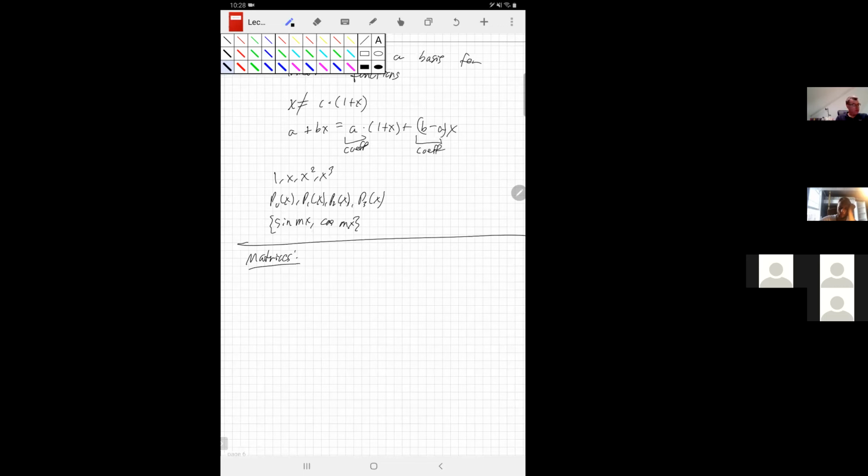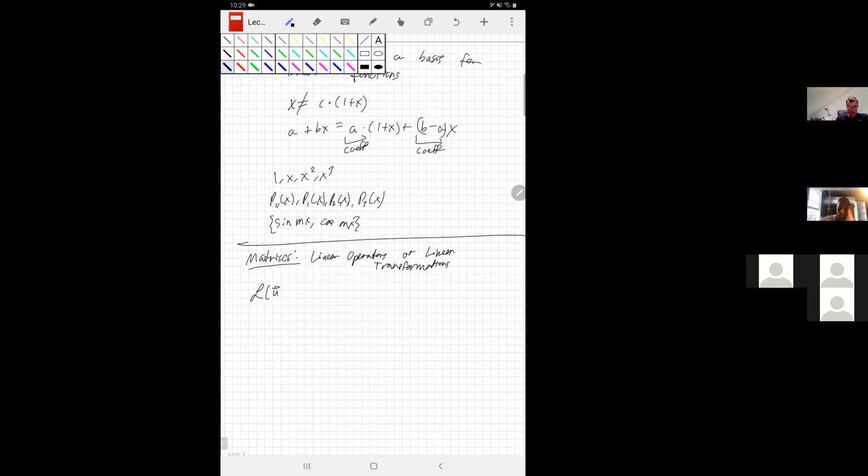Matrices. Matrices are also called linear operators or linear transformations. And for our purposes, the whole idea of a linear transformation is that it's something that mixes up elements of vectors.